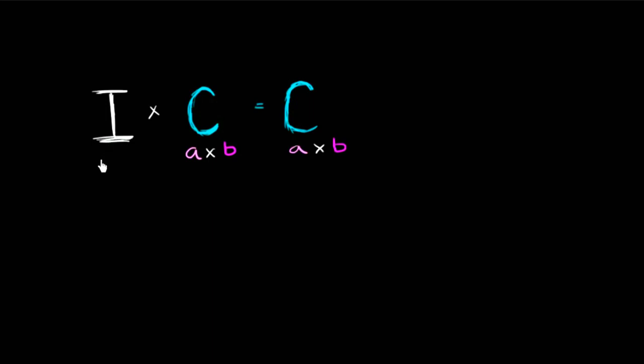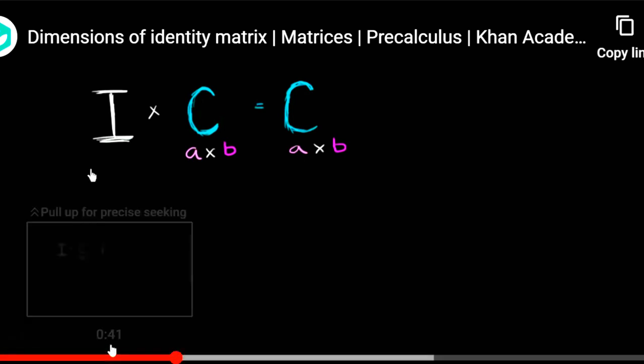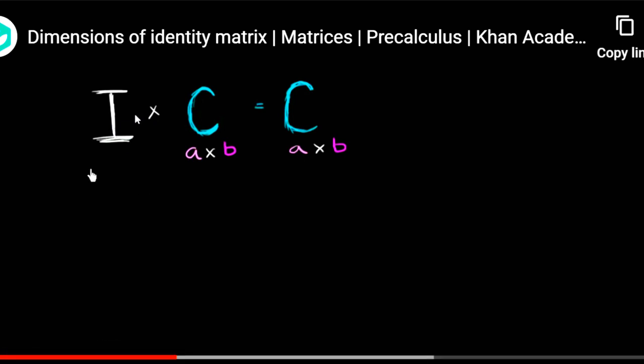And I encourage you to pause this video and think about it on your own. Okay, in order to multiply two matrices together, remember what has to be true. Those middle numbers, which would be the columns of the first matrix and the rows of the second matrix, have to be the same.